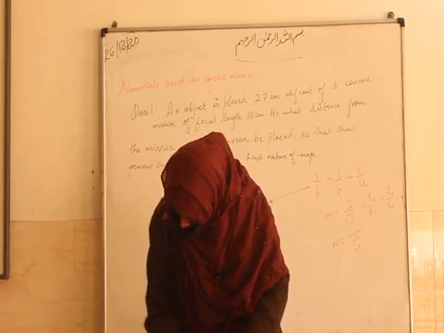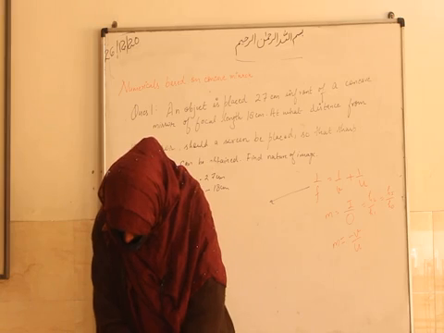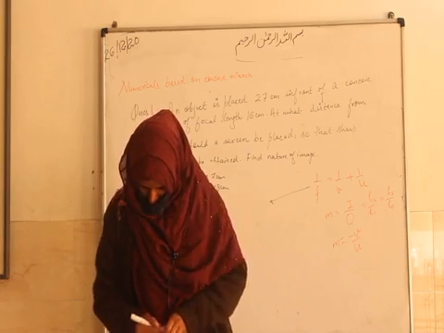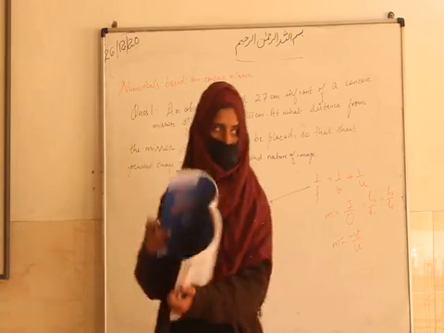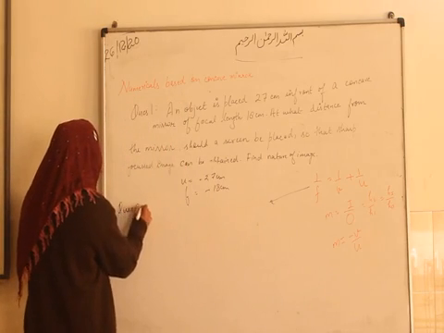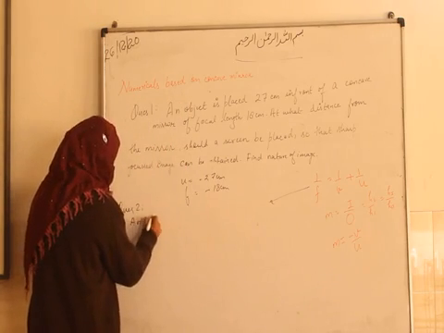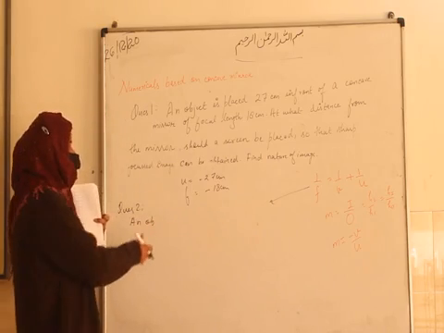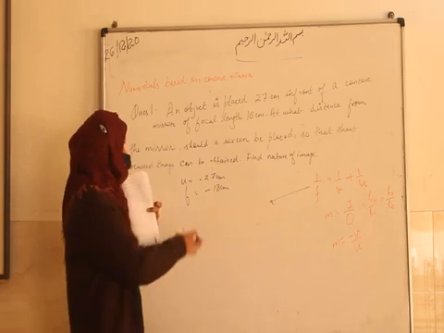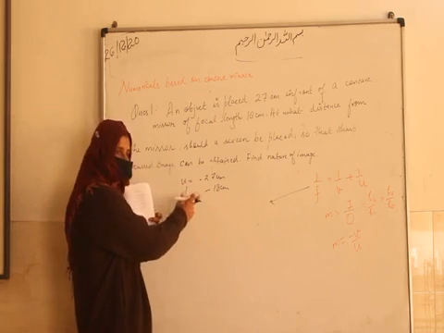Okay, so let's solve one more numerical. An object is placed. You can make a diagram also. It is not included in your book, in your syllabus, but you can make a diagram because now you know U, F, V, everything.